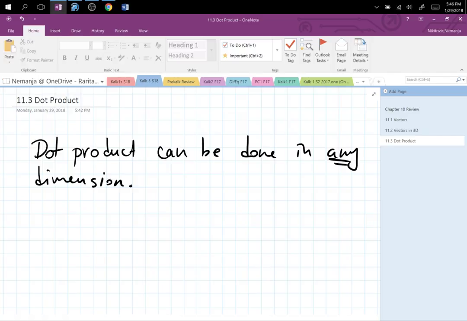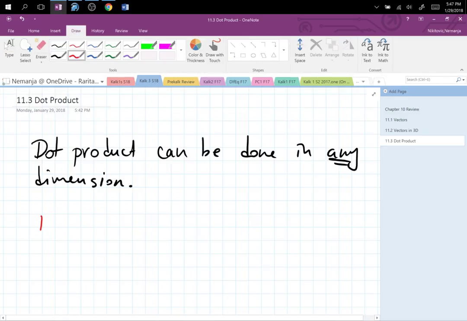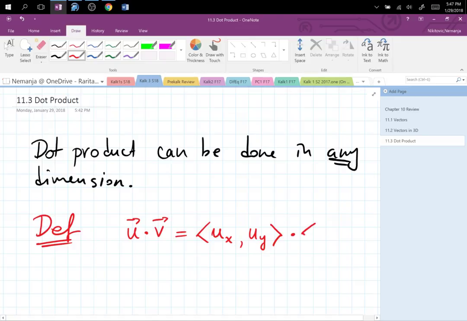If you look at the definition for the dot product and the way it works, here's the definition. If you have a vector u dotted with a vector v, the dot product is going to be the vector u with components ux and uy, dotted with the vector v with components vx and vy.